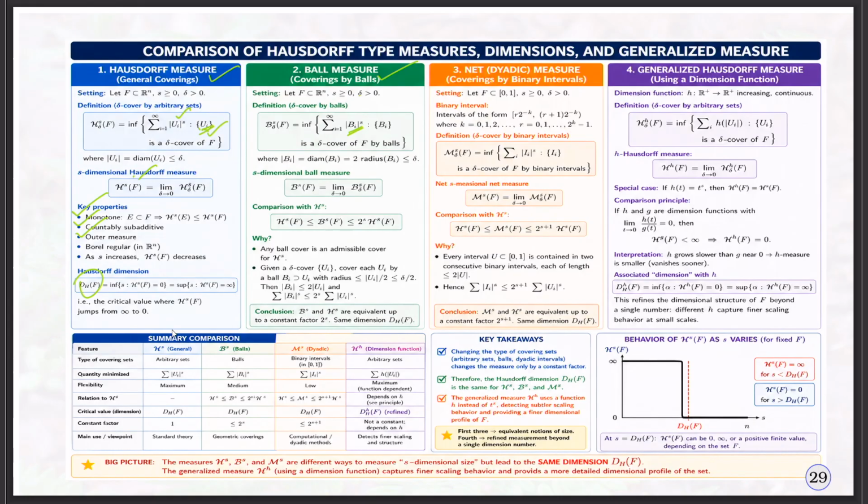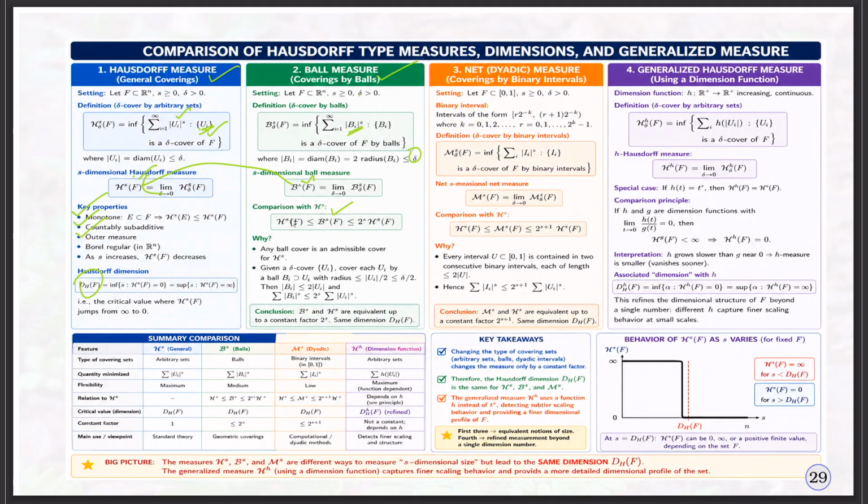We find the radius, then multiply it by 2 to get the diameter. So the diameter 2 times radius of B_i is less than or equal to delta, which means we are taking the radius at most delta by 2. Then the s-dimensional ball measure B^s of f, when delta tends to 0, gives B^s of f. Comparing this with h^s of f, the quantities h^s of f and 2^s h^s of f give the bounds for B^s of f.